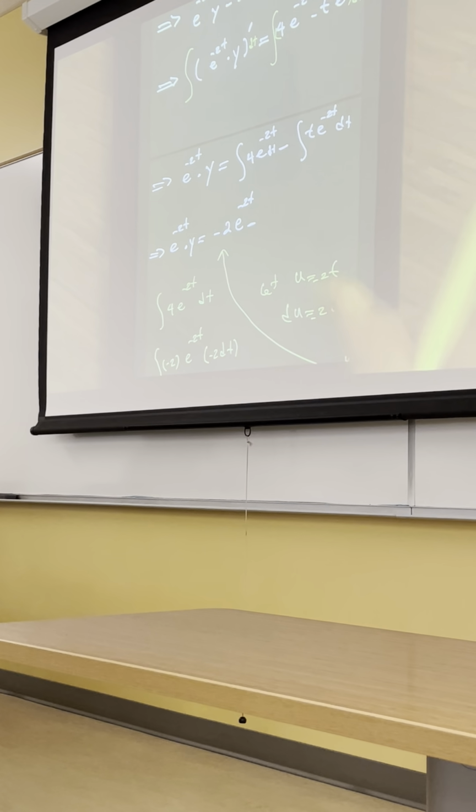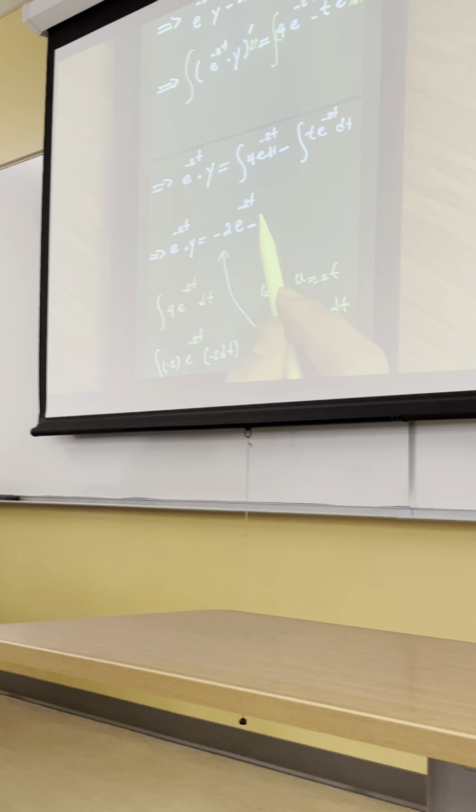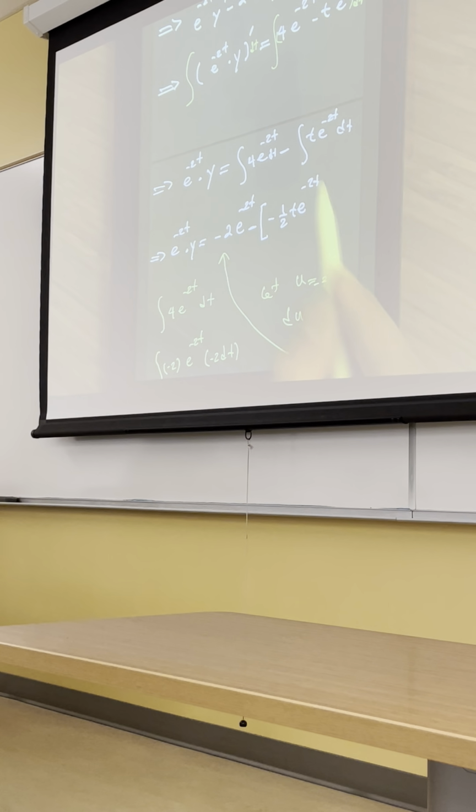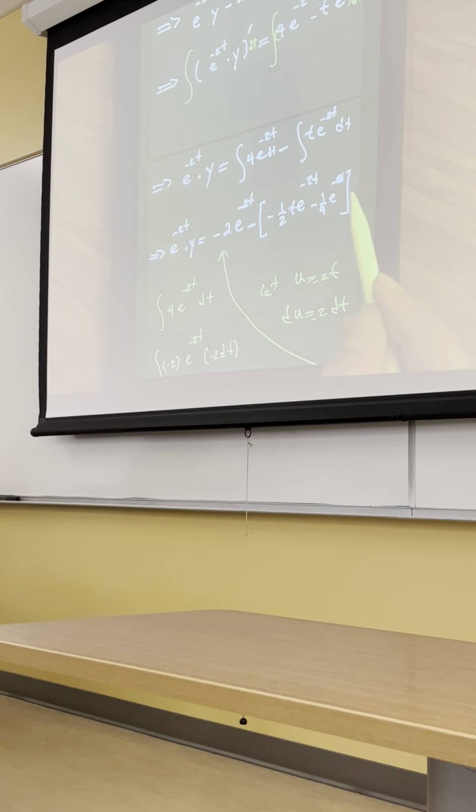I'm going to rewrite what I found. It became negative half of t e to the power of negative 2t minus a quarter e to the power of negative 2t, and then plus the constant c.